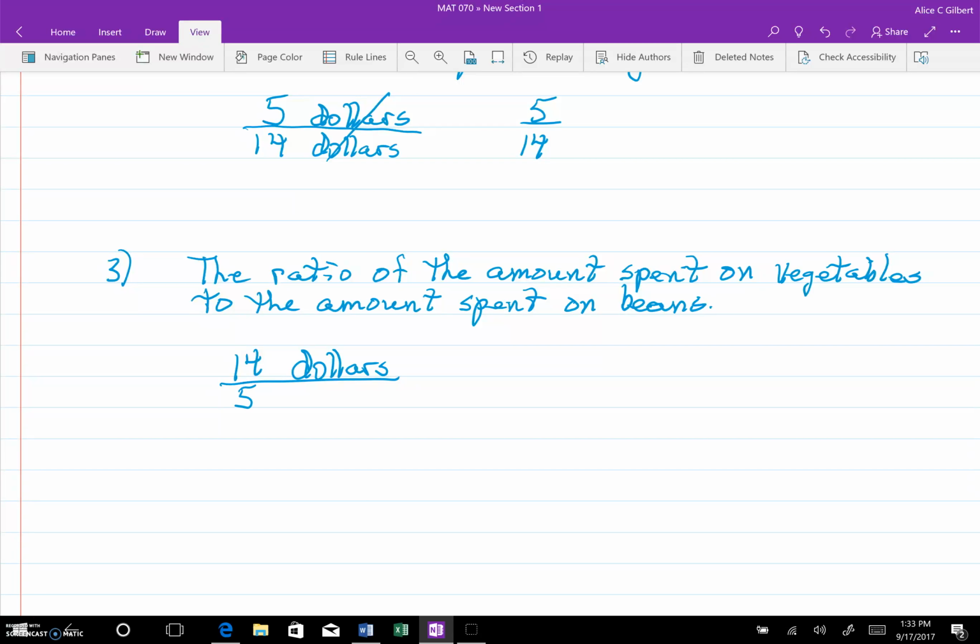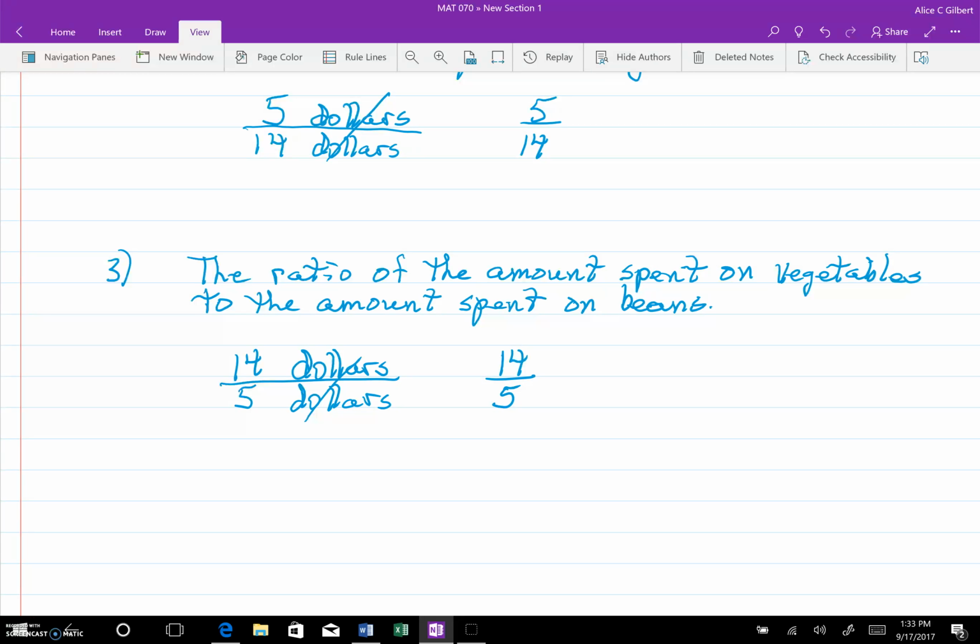And so then we would have, and again, these are gone, 14/5. Now these two, 5/14 and 14/5, are very different fractions. So it's all about how we're comparing the two things that we're talking about. Okay?